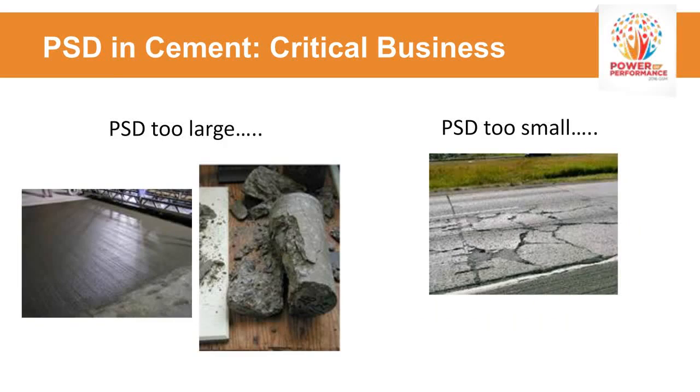Now, if your particle sizes are too large, you have an abnormal amount of large particles present, you can get crumbling of your cement, like in the left photographs. And if they're too small, too many fines, you can get cracking of your cement, especially with temperature changes or pressure or stress on the cement.